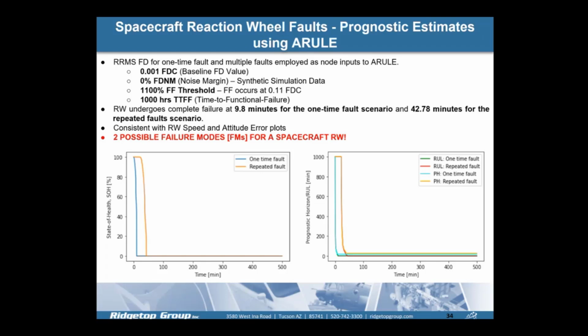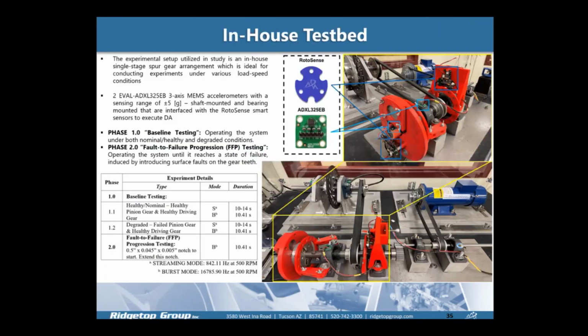Next, the next application is Ridgetop's in-house testbed. The experimental setup shown here is a single stage spur gear arrangement, which is ideal for conducting experiments that require various load speed conditions.